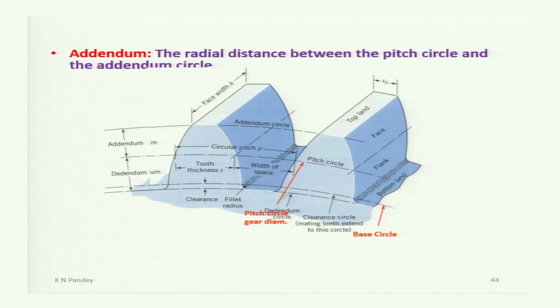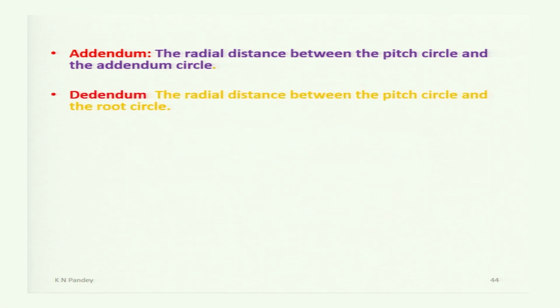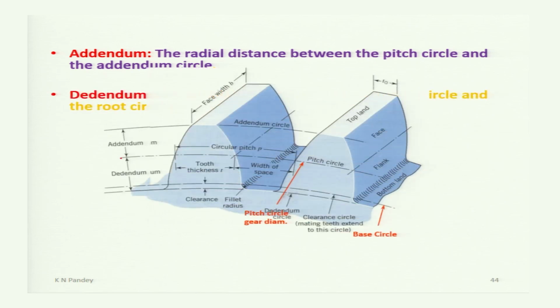Then the addendum, as is clear, is the distance between the addendum circle and the pitch circle. Then the dedendum is the distance between the pitch circle and this dedendum circle or the root circle.